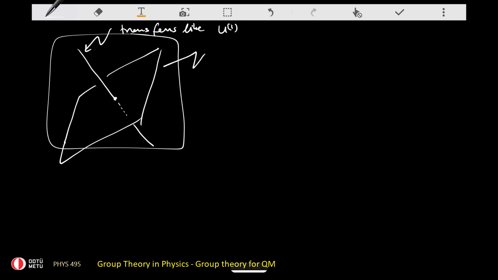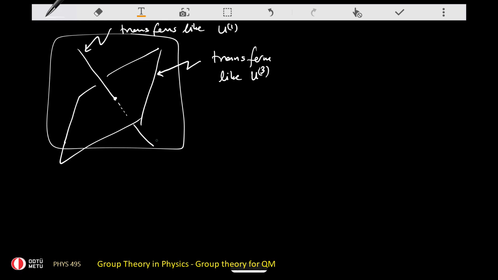The vectors in here, in this two-dimensional subspace, they transform like U3. U3 is of course two-dimensional, so therefore the corresponding subspace is two-dimensional.